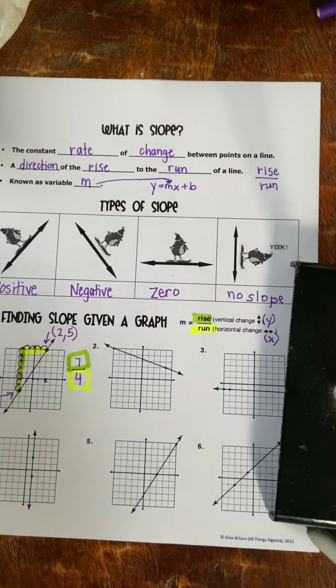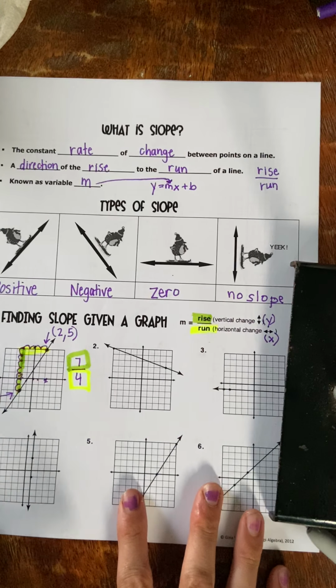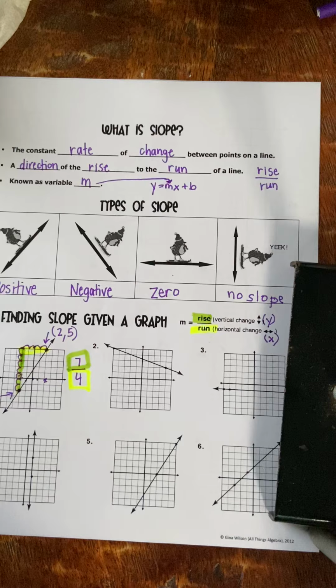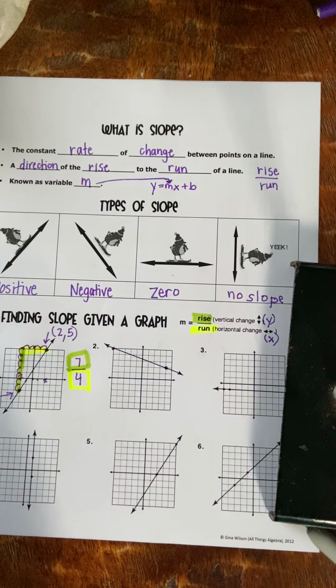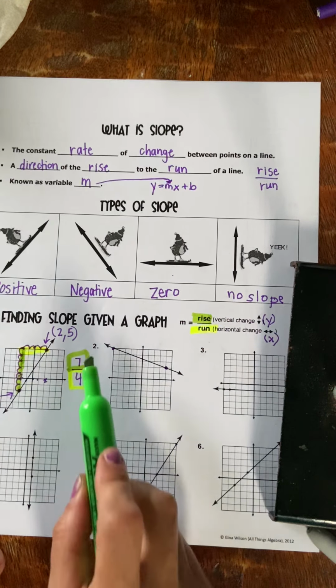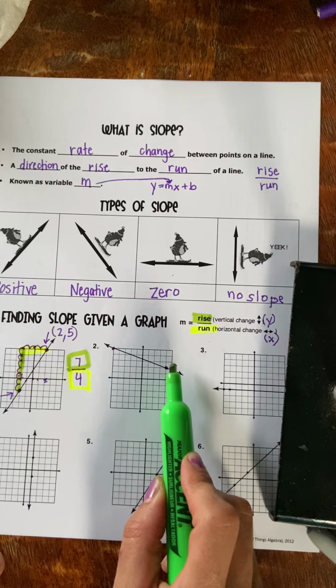Okay, let's do another one. Can you see okay? So where are these dots? One is here and one is here. As we go from left to right, are we going down or up?